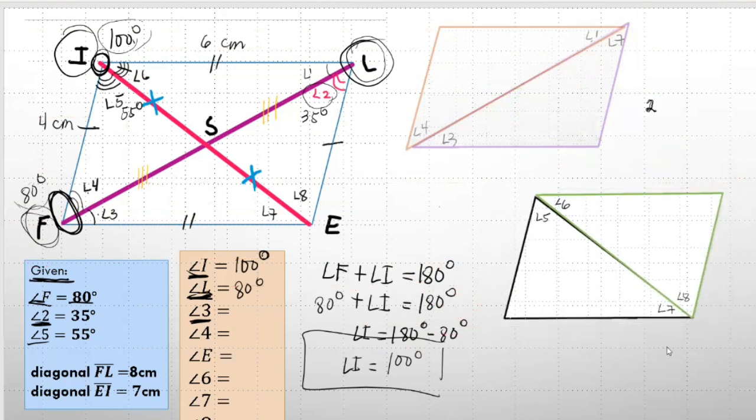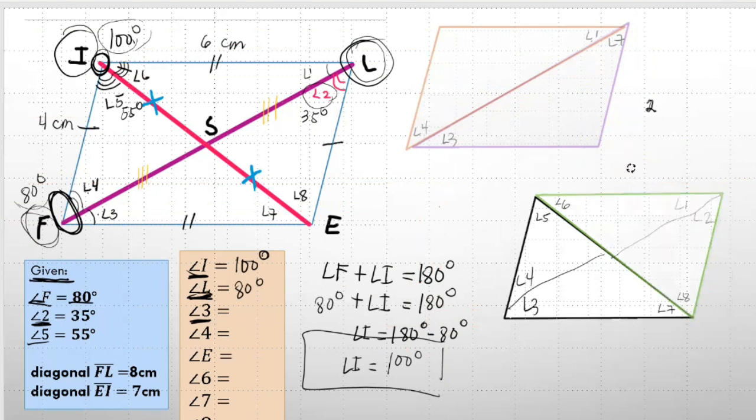Let's have this one. So, let's say angle 1 and angle 2. Okay? And this one is angle 4 and angle 3. So, kung saan siya congruent, yun yung kaparehan niyang measurement.